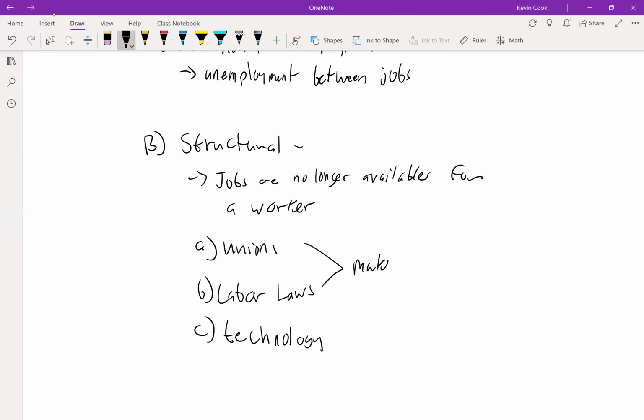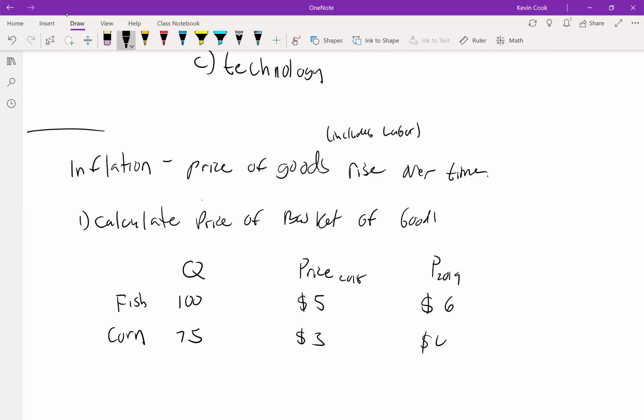Suppose in our economy we produce 100 fish and 75 corn. The price of fish in 2018 was $5, while the price of corn was $3. Then in 2019 we'll have 6 and say 4.